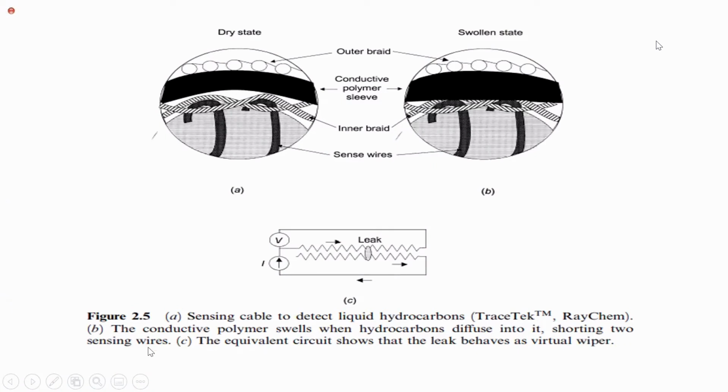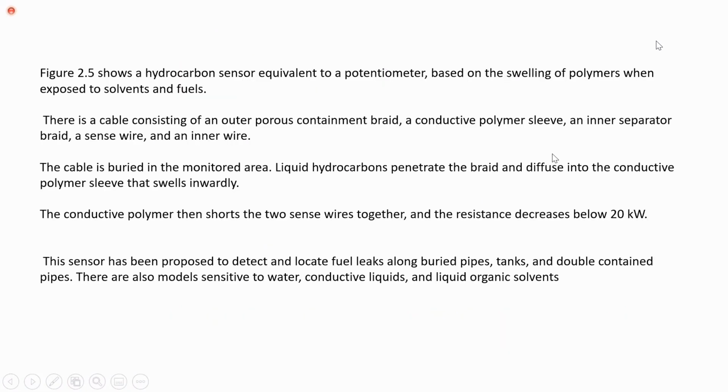Starting with two sensing wires, the equivalent circuit shows that the lead behaves as a virtual wiper. Here you can observe, we don't have contact here, and here we have contact because of the hydrocarbons.